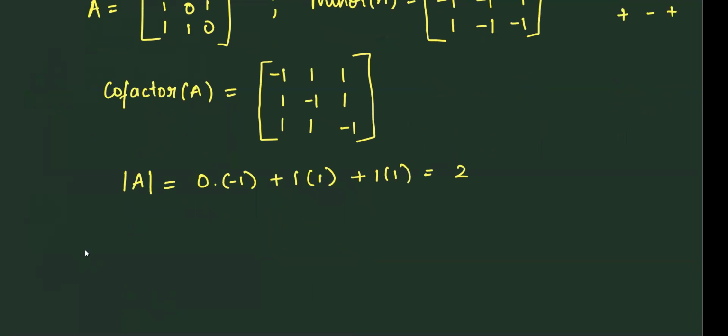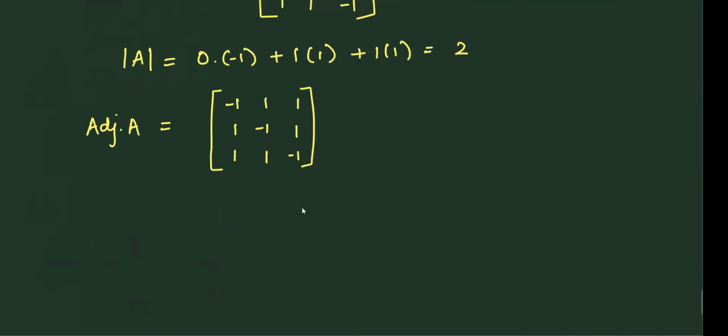So adjoint A: because of the symmetry, adjoint A and cofactor A are symmetrically placed, so adjoint A is the same as cofactor A. A inverse is adjoint of A by determinant of A. Determinant of A is 2, so I get half of this.